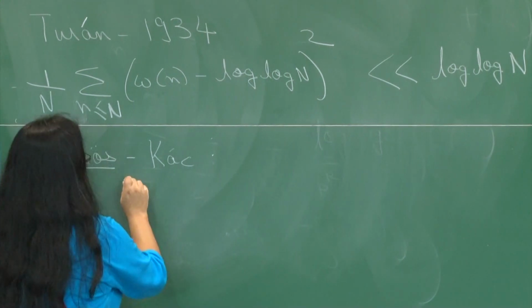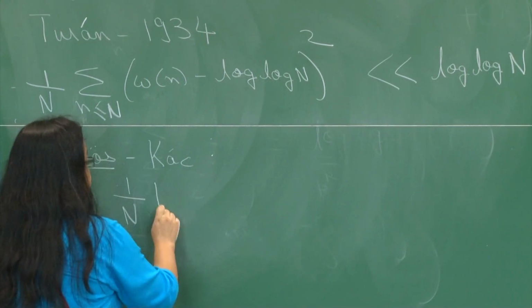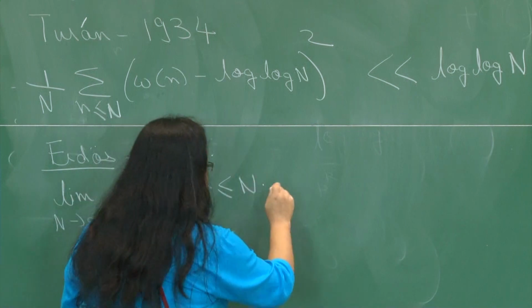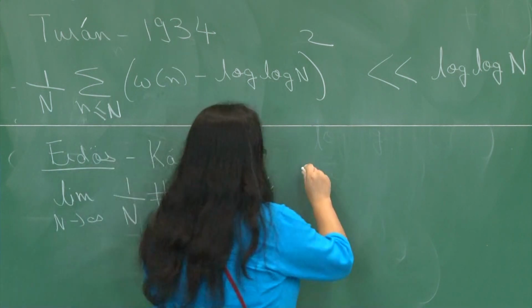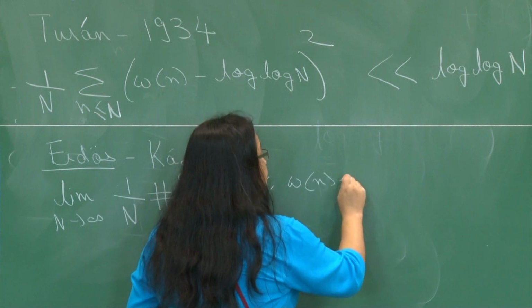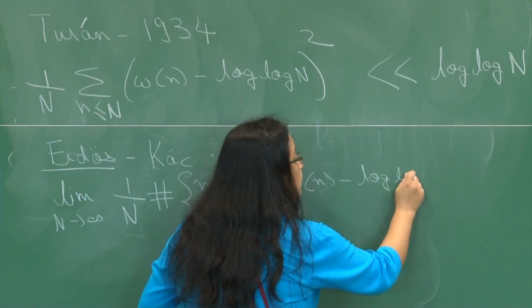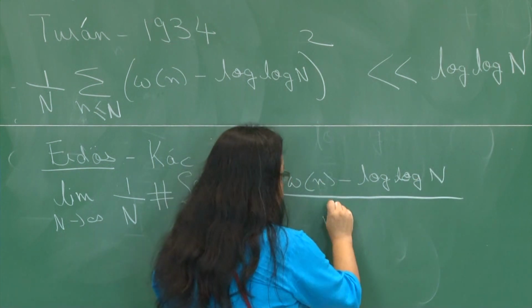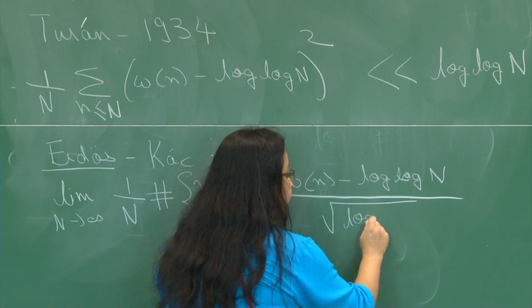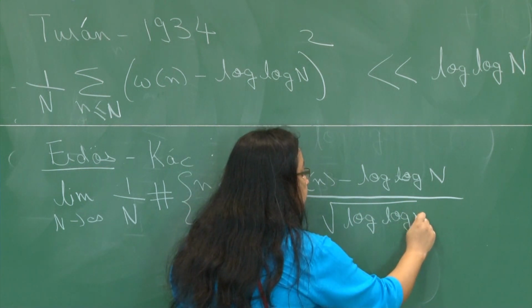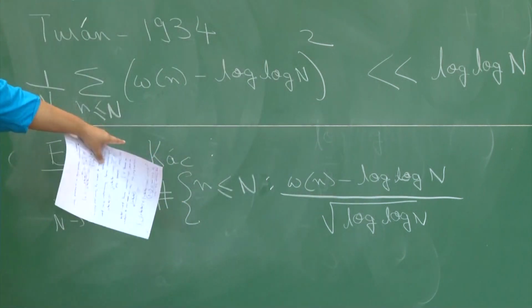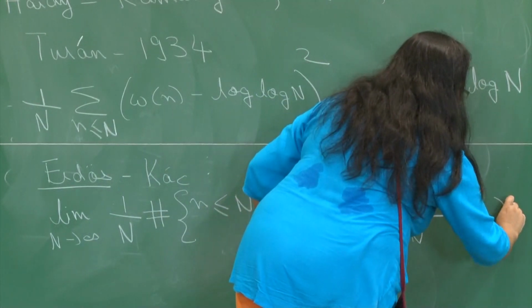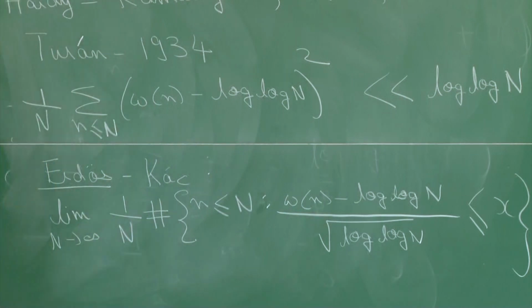So, this limit of 1 by N of the number of n up till capital N for which omega of n minus log log n over square root of log log n, what is the number of little n's up till capital N for which this takes the value at most x.